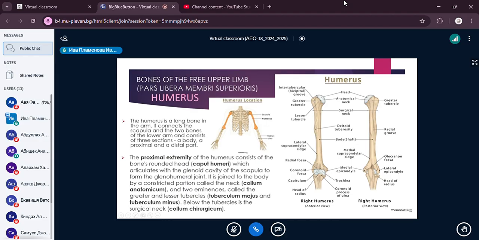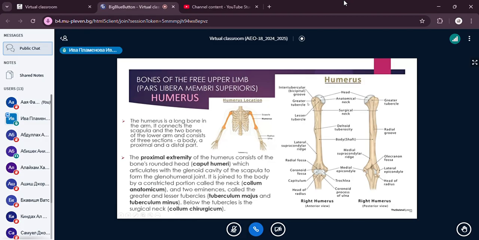Because in this groove you can find the tendon of the biceps brachii, musculus biceps brachii. Greater tubercle, lesser tubercle, the groove between them, and distally to these tubercles is the surgical neck.